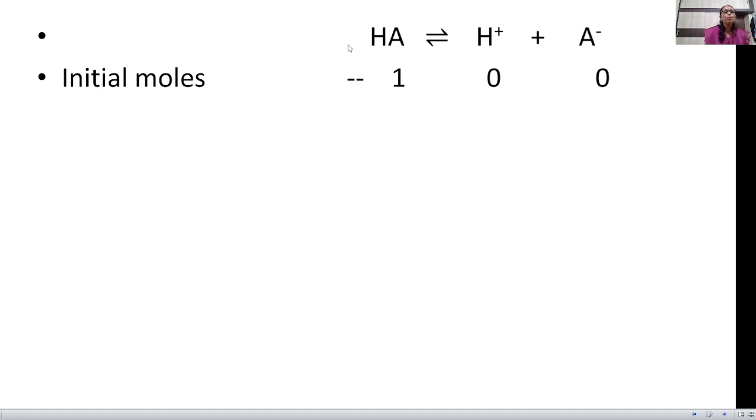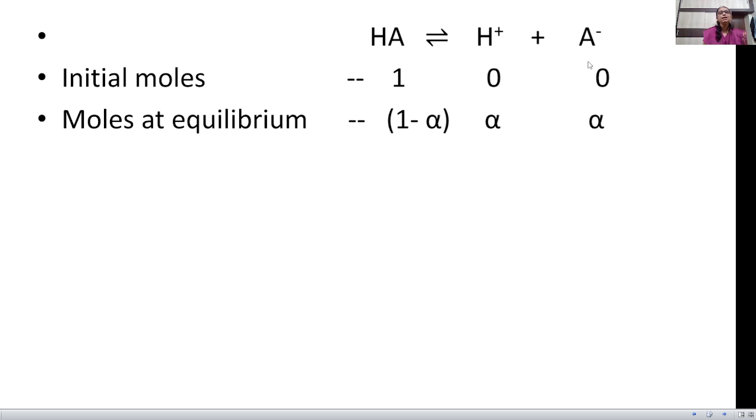Then how many moles of HA are present in solution? Initial moles. Initially, there is only 1 mole of HA present in the solution. Hence, initial moles of HA is 1. Initially, there is no dissociation, and hence there is no formation of H plus or A minus ions, and initial moles of H plus are 0, and initial moles of A minus are also 0.